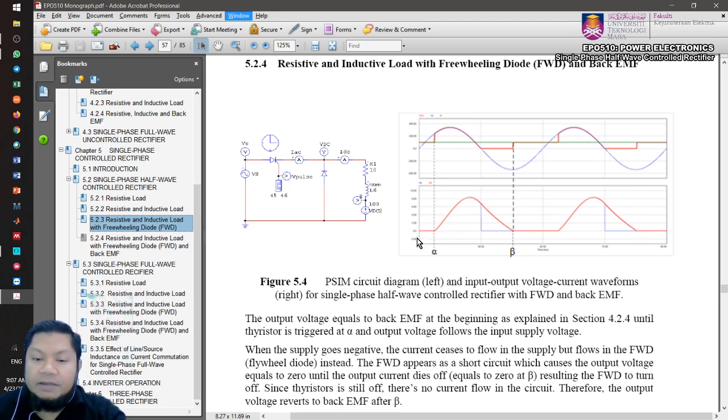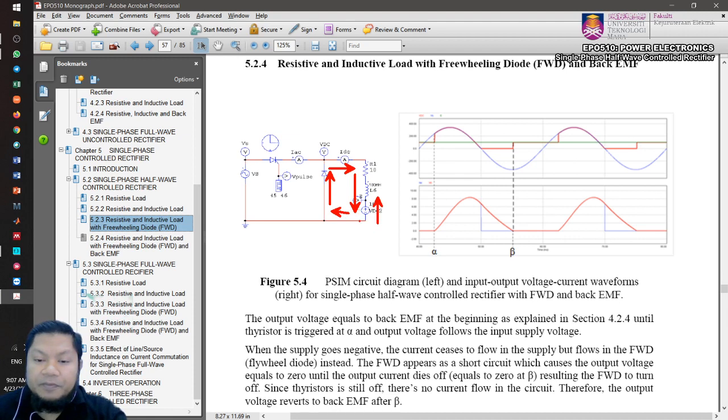Okay, so before we start, we'll look at the current. Without the back EMF, we saw just now that the output current always flows in the output side, because of continuous output current. But because of the back EMF, it opposes. Look at this polarity of the back EMF. It always opposes the flow of the current, isn't it?